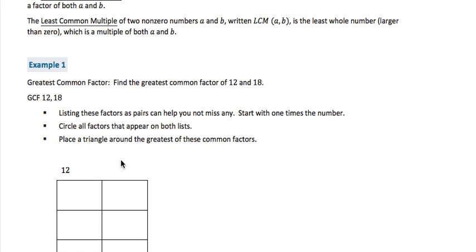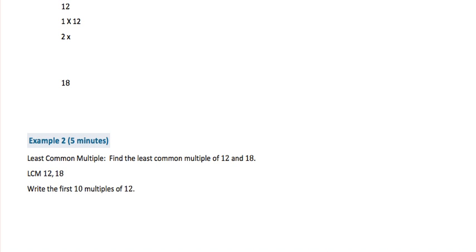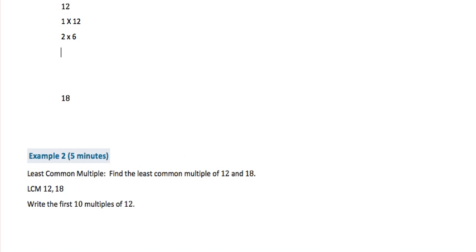So we're going to list the factors as pairs so that we don't miss any along the way. So the factors for 12, we have 1 times 12, 2 times 6, and 3 times 4.